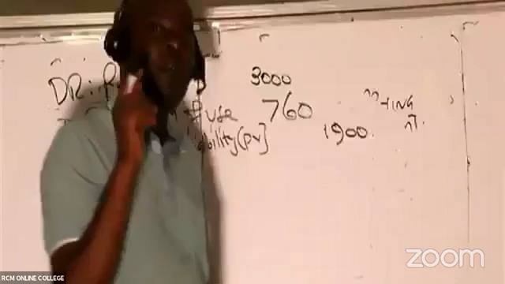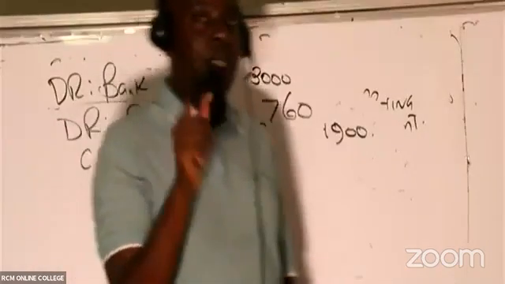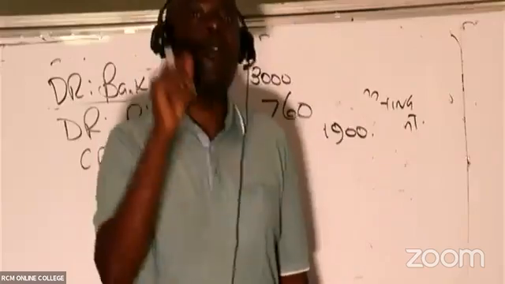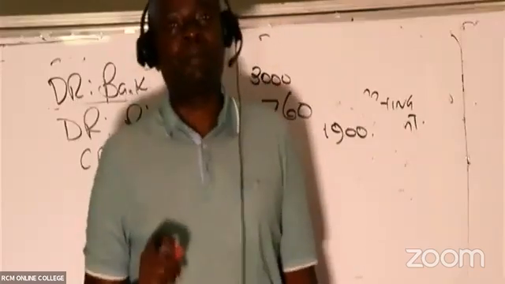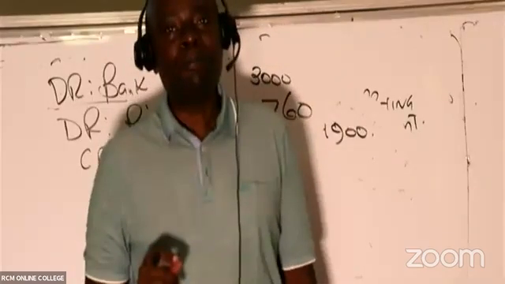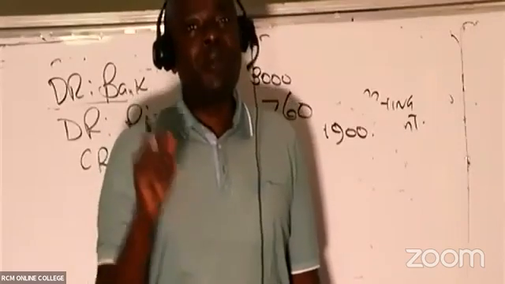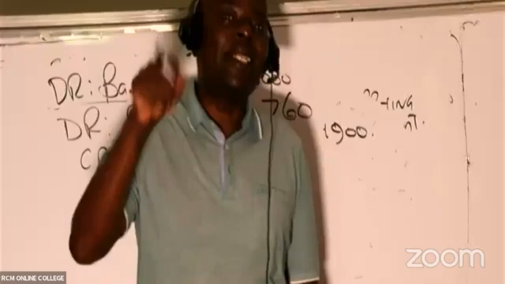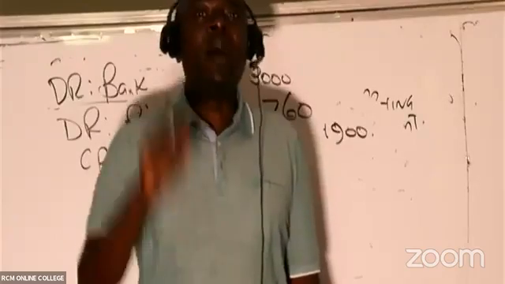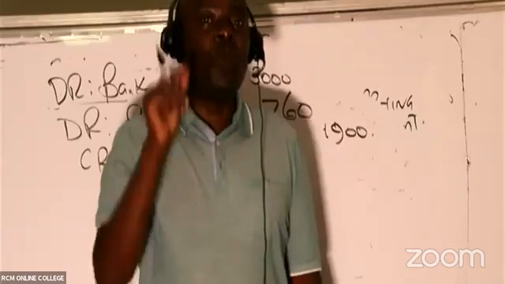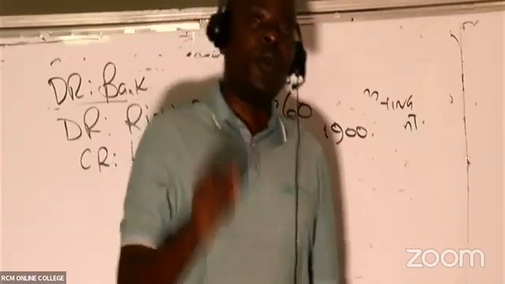And then, ladies and gentlemen, I told you to remember two things. I will have to remove this machine from my books of accounts. So how do I remove this machine from my books of accounts? By crediting the PPE or the machinery account with the carrying value.